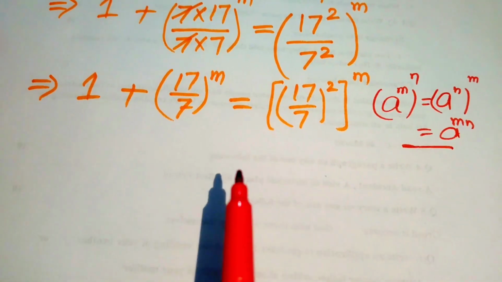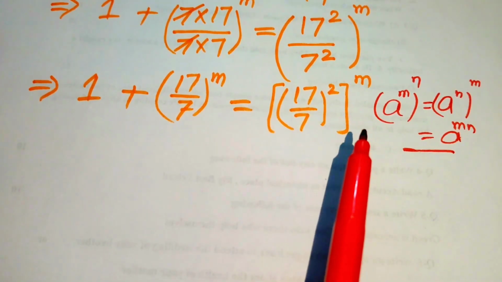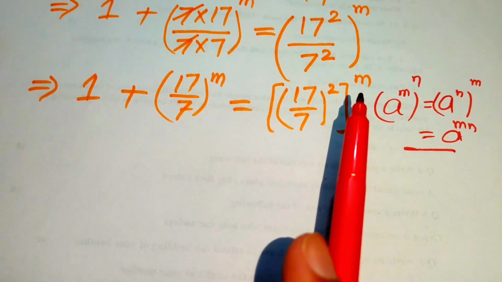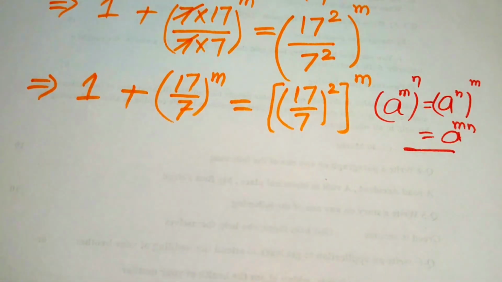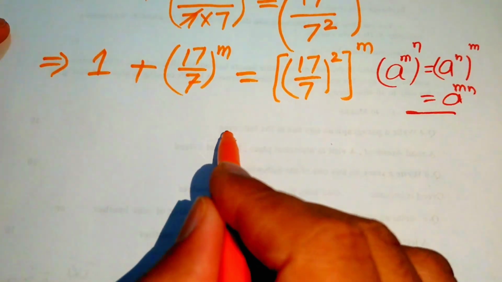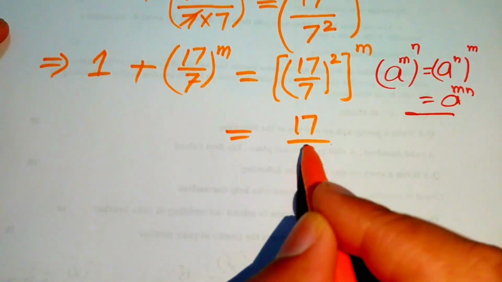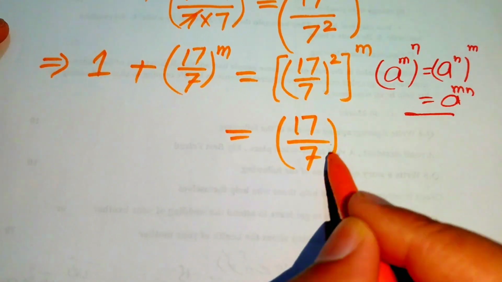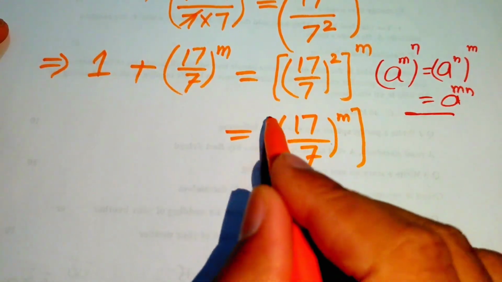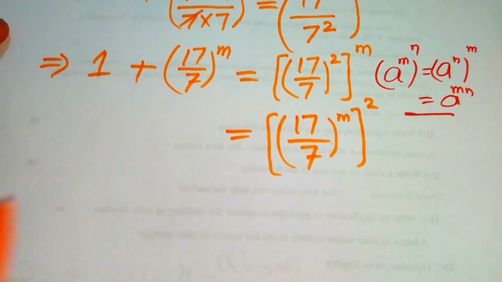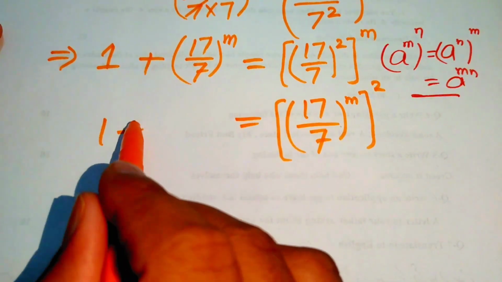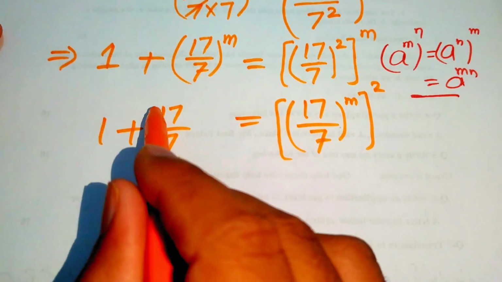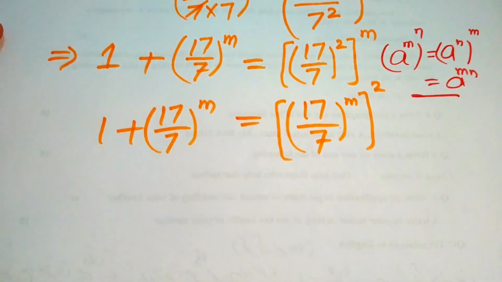So in this case we just need to interchange these two exponents, so that we get the right hand side in this form: 17 over 7 and its whole power m and its whole square. And in the left hand side we have 1 plus 17 over 7 and its whole power m.